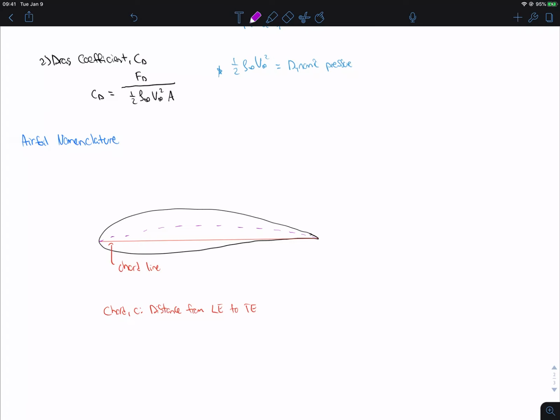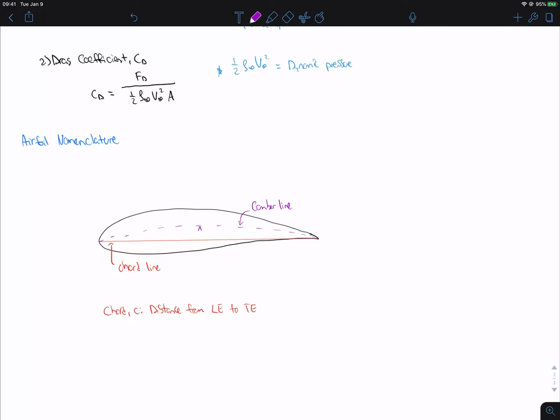Think of it as the midway point at each point on the airfoil. If I go to this point right here, pretend that that is in the middle between this point up here and this point down here. And then we'll keep doing that as we go along our x-axis. Okay, so that's the camber line.